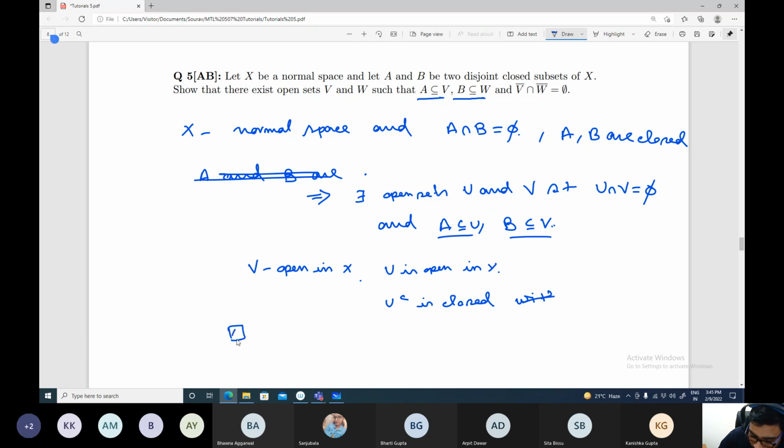And one more thing, what else can we say? That U bar intersection V is empty and V bar intersection U is empty, right?